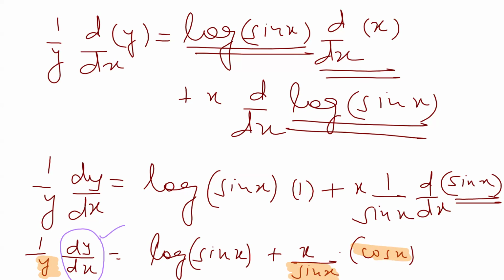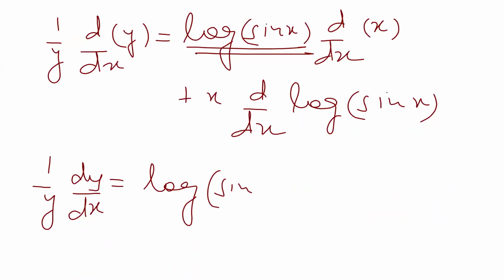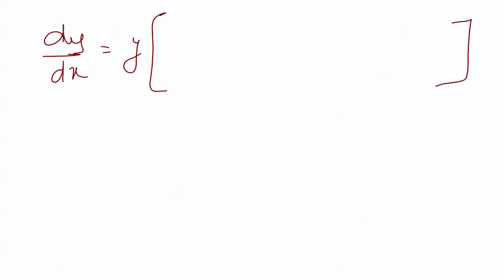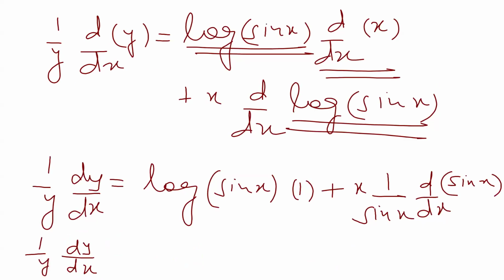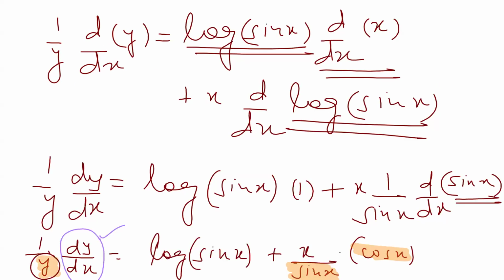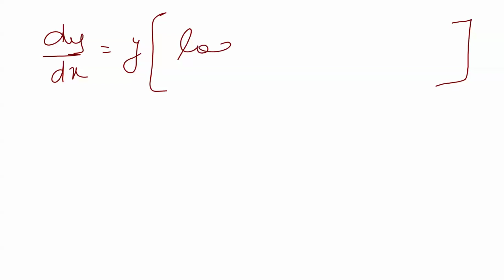It is very easy, just don't leave it as it is. So dy by dx, I'm shifting y on the other side. Put a big box bracket. I've shifted this y on the other side, and this entire term I'll write within the box bracket. Log sin x plus x cot x.